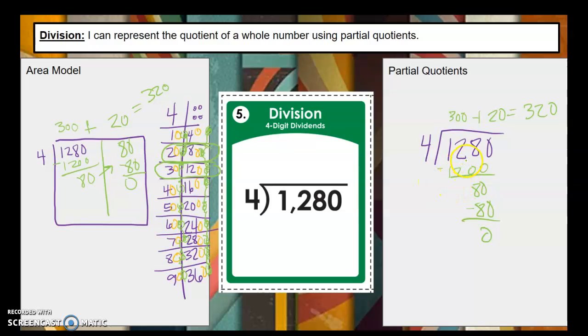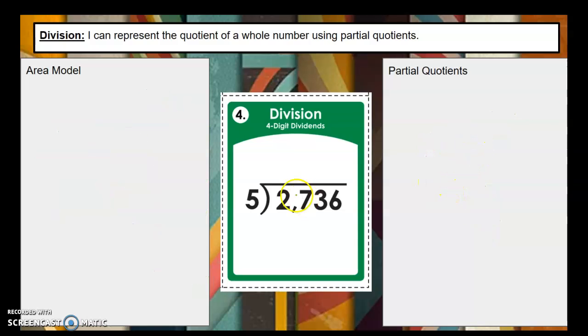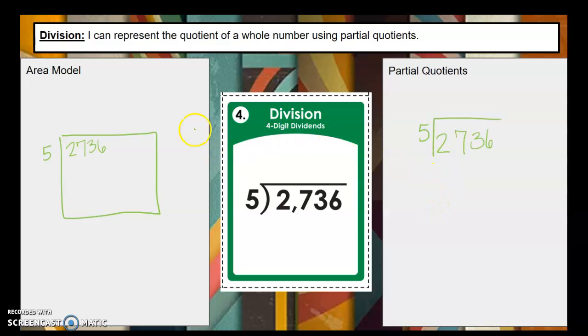All right, I think we have time for one more. All right, so we have 2,736 divided by 5. So I need a 5's chart.